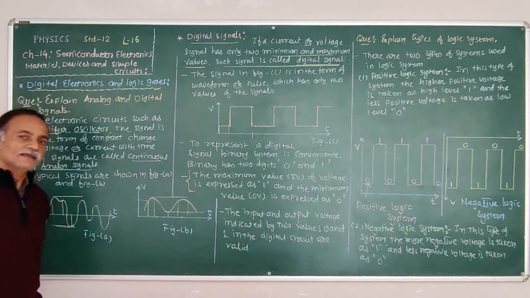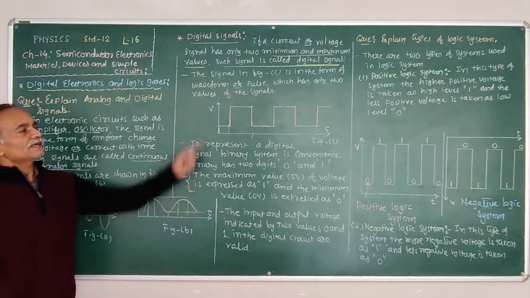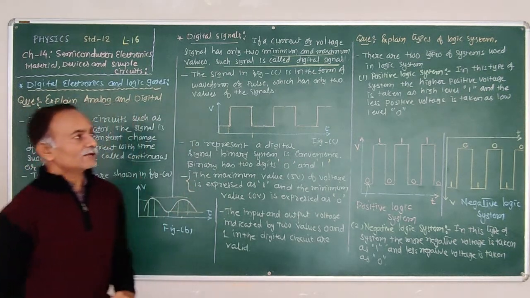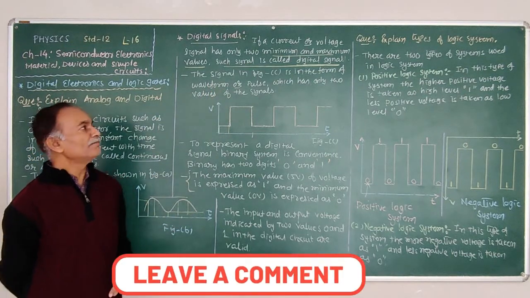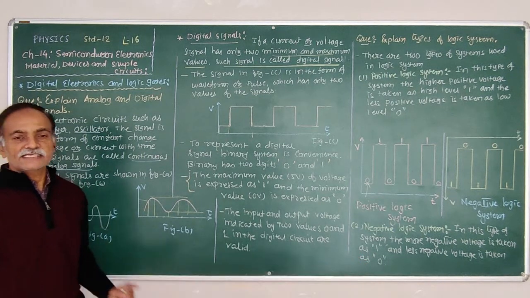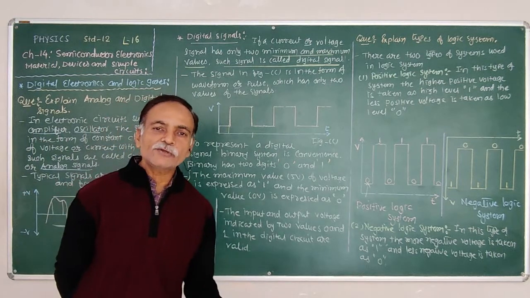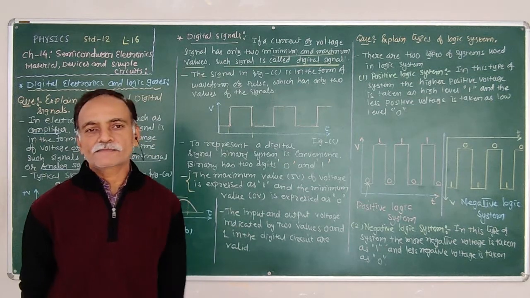Again, in an analog signal, the values of voltage and current change continuously with time. At any instant of time, it has a value lying between the maximum and minimum. While in a digital signal, if the current or voltage signal has only two values, either maximum or minimum, such a signal is called a digital signal. It means the digital signal has only two values, either maximum or minimum, at any instant of time.